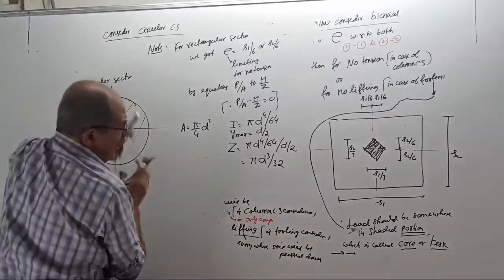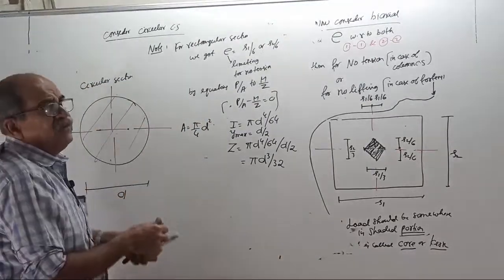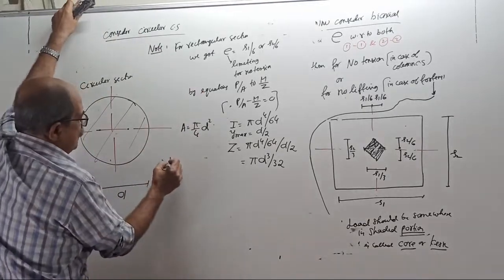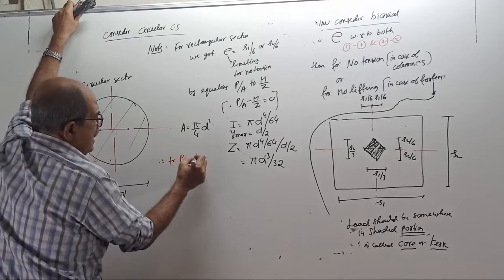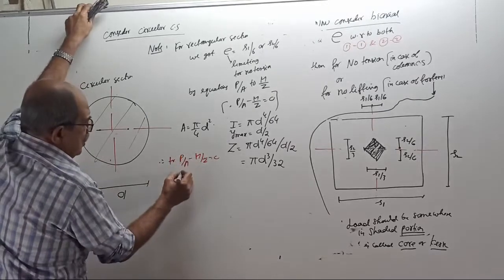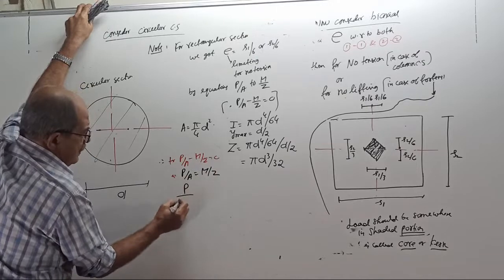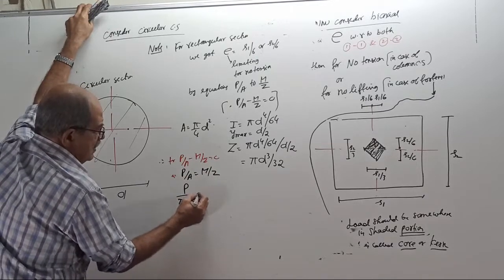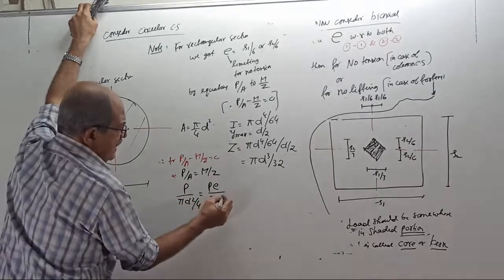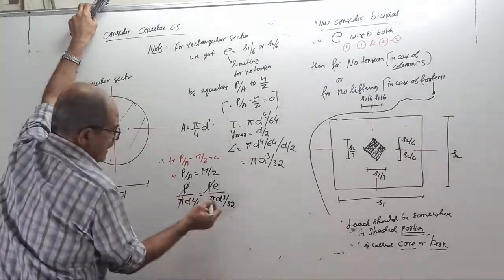Now, once again same theory. Same story once again. Therefore, for P by A minus M by Z equal to 0, the resultant is 0. P by A equals M by Z. P by A is P divided by pi d square by 4, equal to M, which is P into E, divided by pi d cube by 32. P will cancel, pi will cancel.